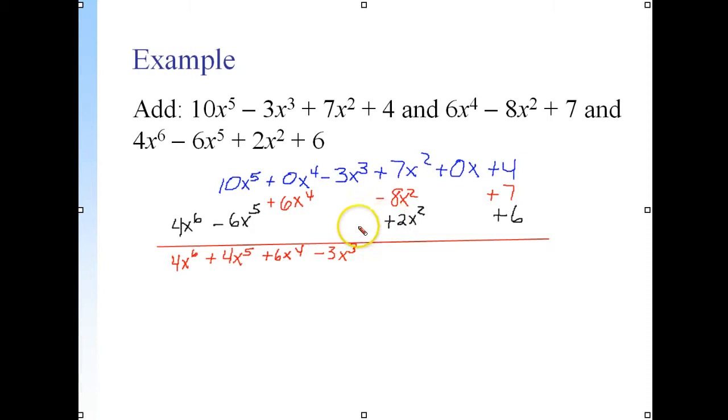Now here, notice you have a positive 2 and a positive 7. That's going to give me a positive 9 minus 8 gives me a positive x squared. Now you could put the 1 there, but we don't usually. And since there's no value for this, I'll just leave it blank. And then we add these up. So there's an 11 and 6 are 17.